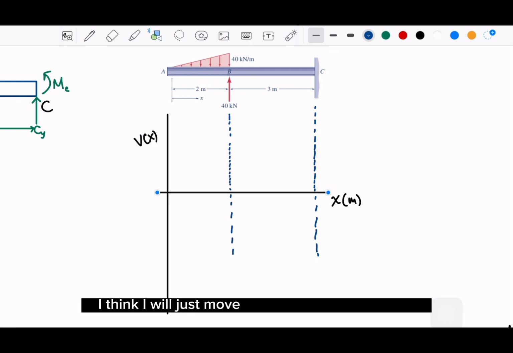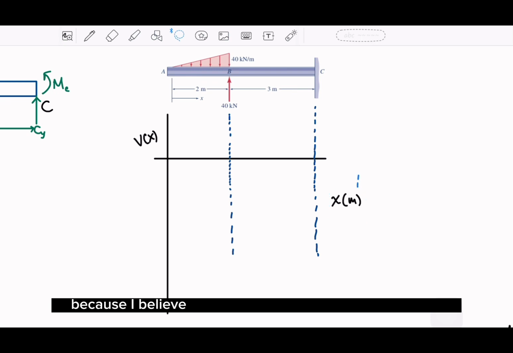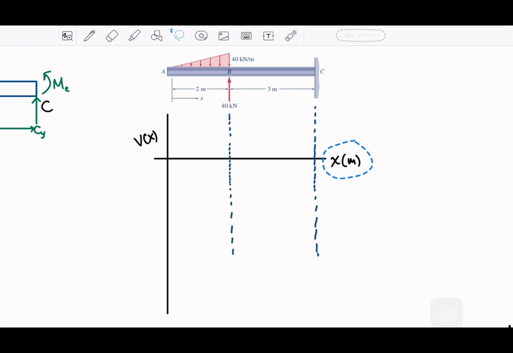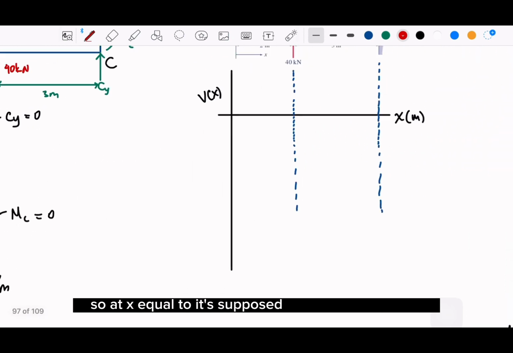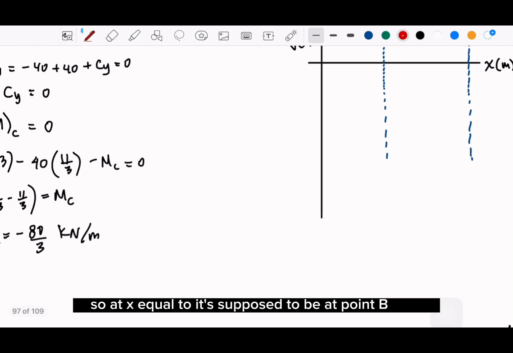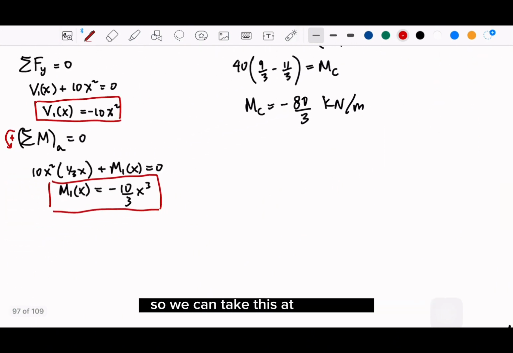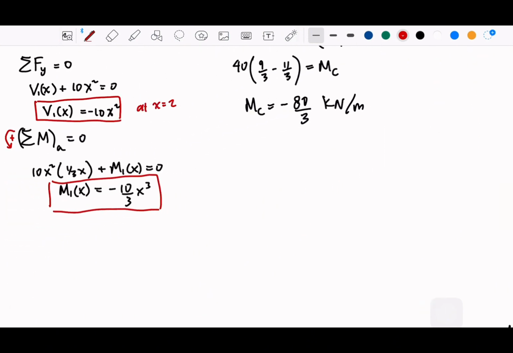I will move the axis a little bit up here because I believe we are going to have a negative value, right? So at x equal 2, it's supposed to be at point B, right? So V2 is equal negative 40.